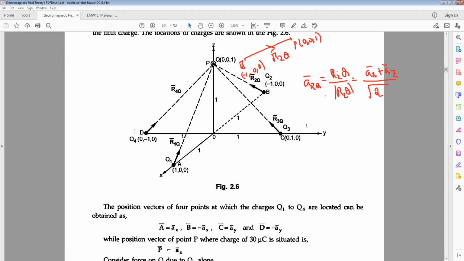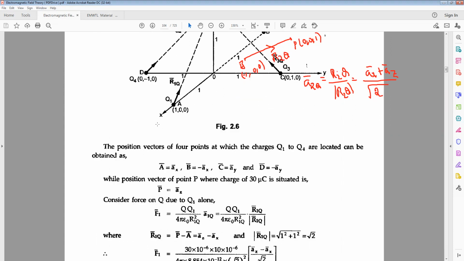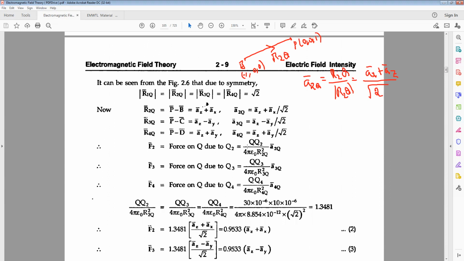And similarly for the fourth, 0 minus 1, 0 and 0, 0, 1. There is no X term, only Y, that is positive, AY bar plus AZ bar under root 2.